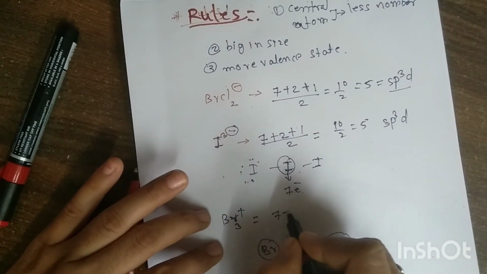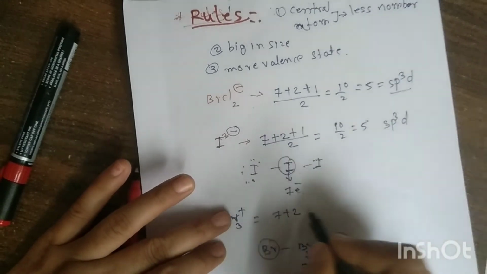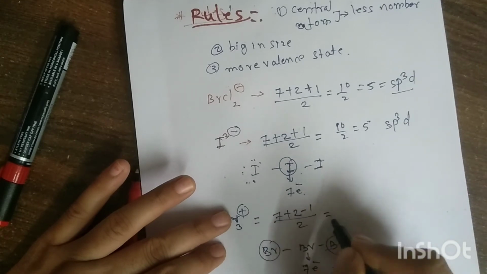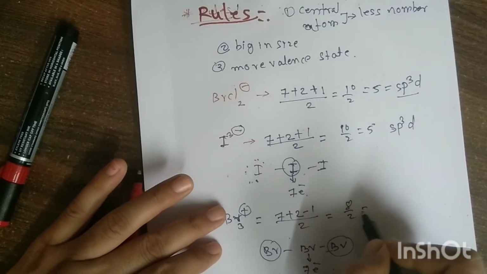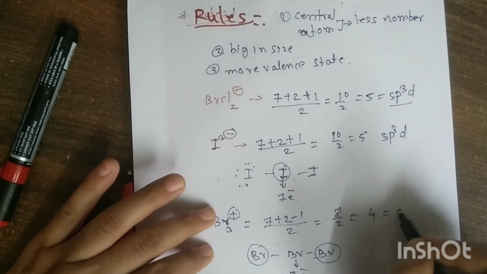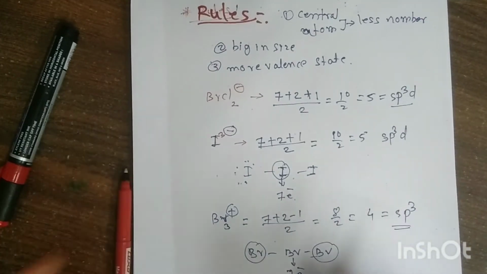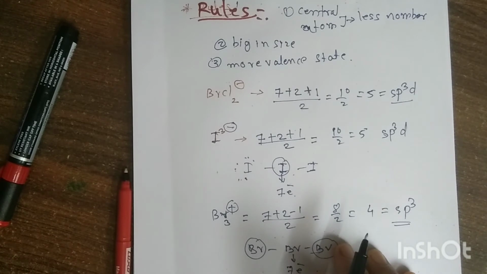So what we get here? 7 plus 2, and the plus sign is the given charge, so we have to subtract 1, divided by 2. How much do we get? 8 divided by 2, this is 4, and 4 means sp3. In this way we can calculate the hybridization of any given compound in a simple way.